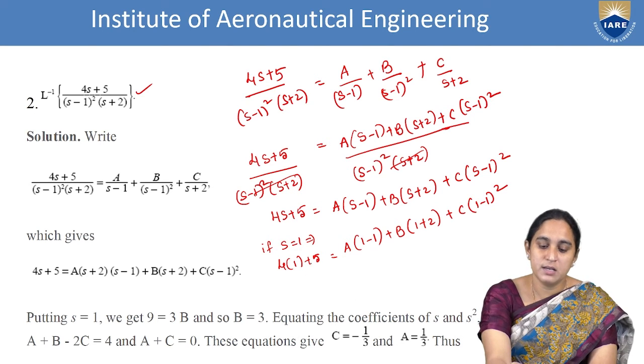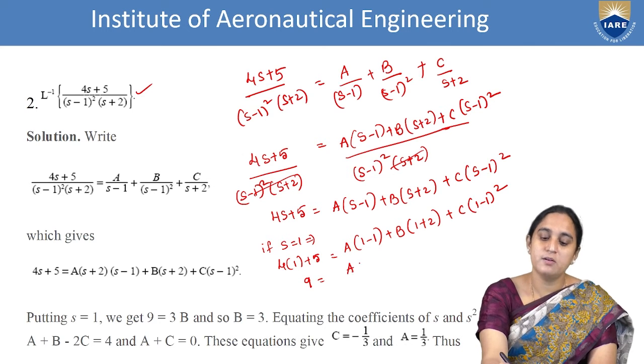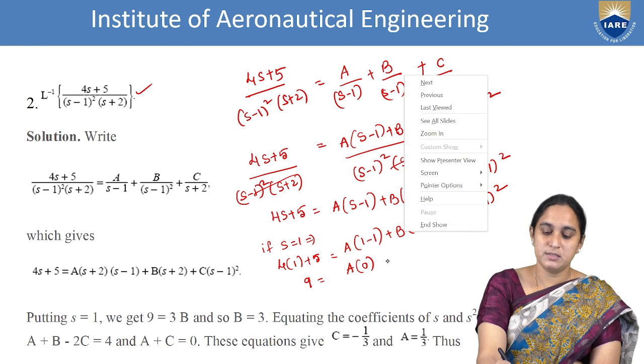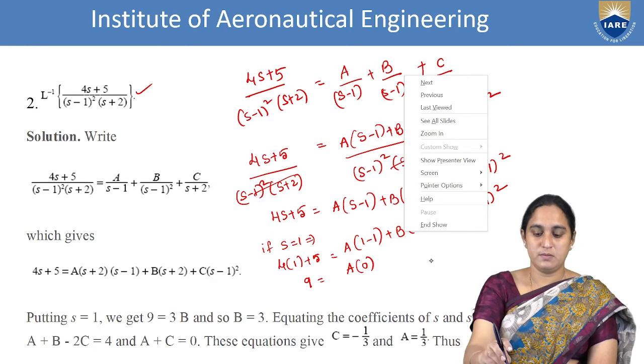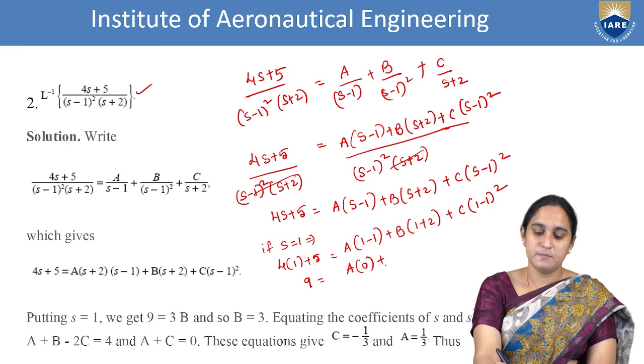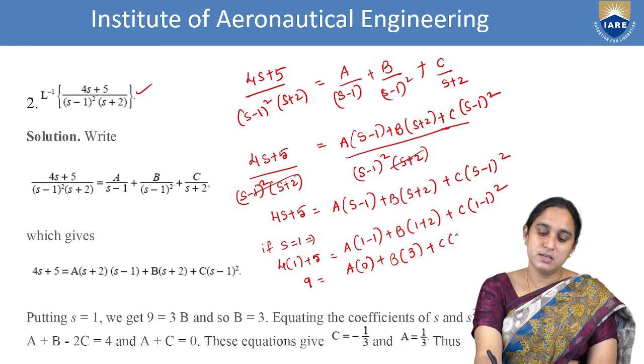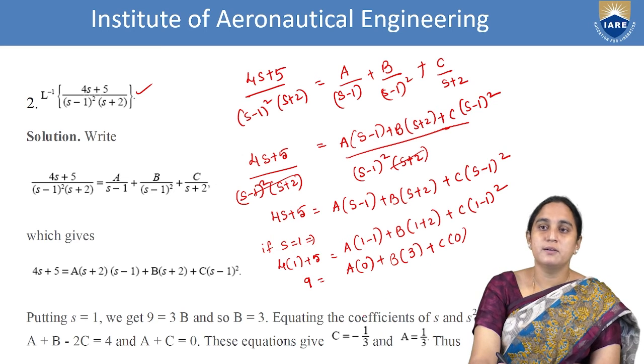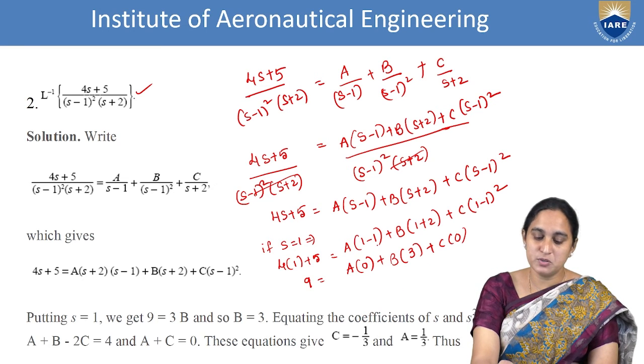From that, if s is equal to 1, 4 plus 5 is 9, a of 0 plus b of 2 plus 1 as 3 plus c of 0. That means if you are substituting s is equal to 1, here a is 0 and c is 0.